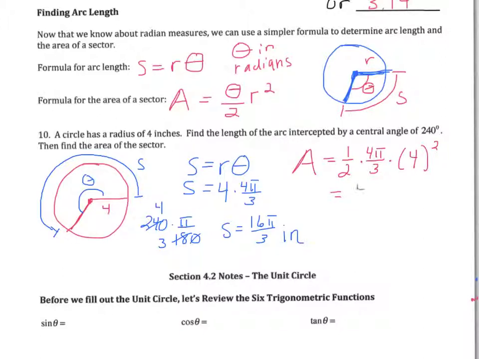So 4 pi over 6 times 16. We'll reduce that a little bit, so that'll be a 3, and that will be an 8. So that will be 32 pi over 3 inches squared, since we're working with area. And you can leave it in terms of pi, or you can type that into your calculator and get the answer.